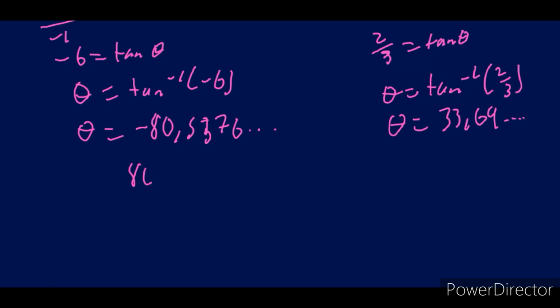That is why I said you have to add two acute angles, because if we add 180, we're going to get an obtuse angle. So we have to add two acute angles. So we're going to have this part plus the other part. So this plus this is going to be plus 33.69. So that is how it is going to be.